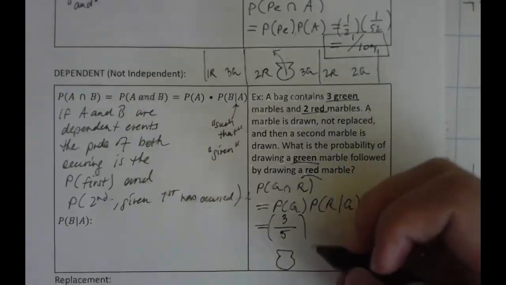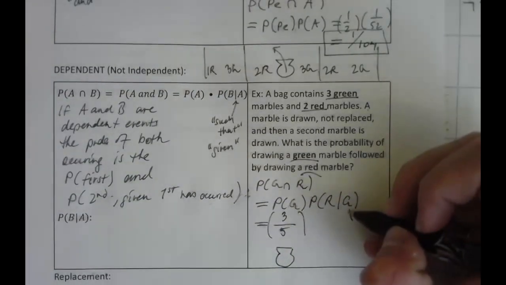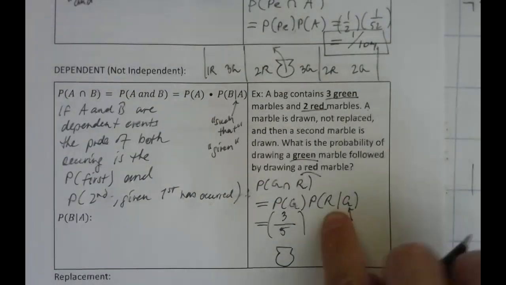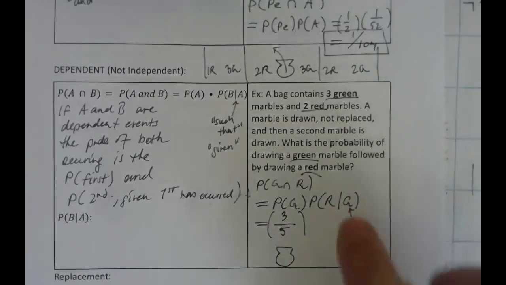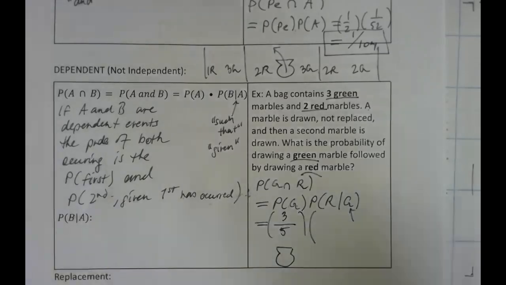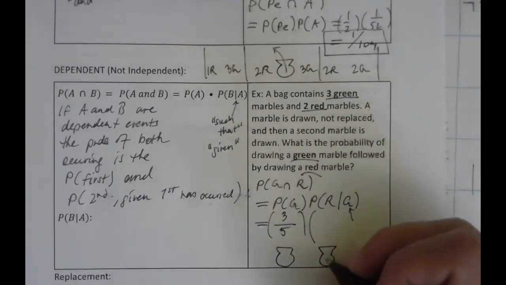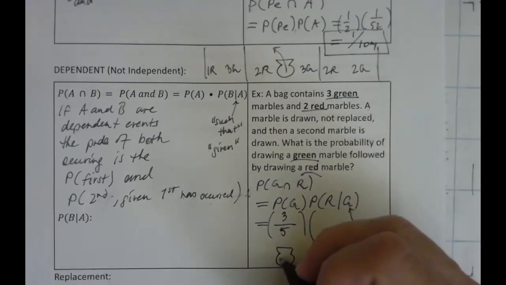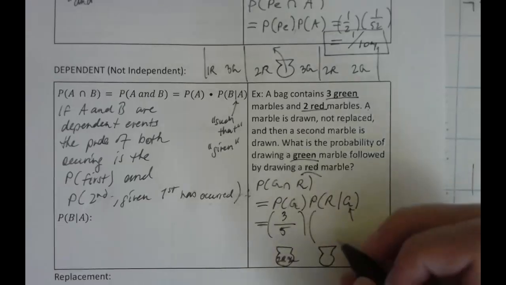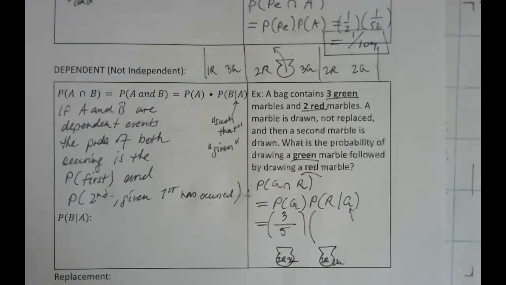But once you draw that green, do you guys see over here? This one is saying you already drew a green. This is the probability of red given that a green was already drawn. Well, if you already drew a green, that changed the bag. Now, where there used to be 2 reds and 3 greens, there's now 2 reds and 2 greens.